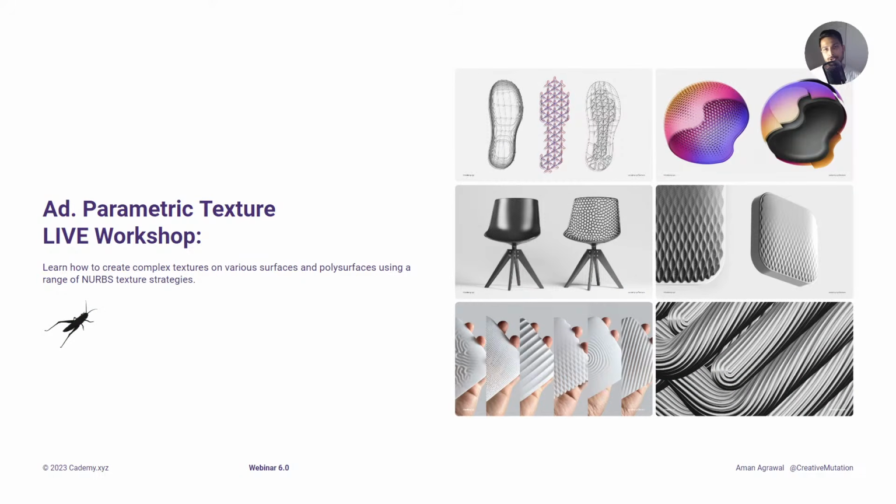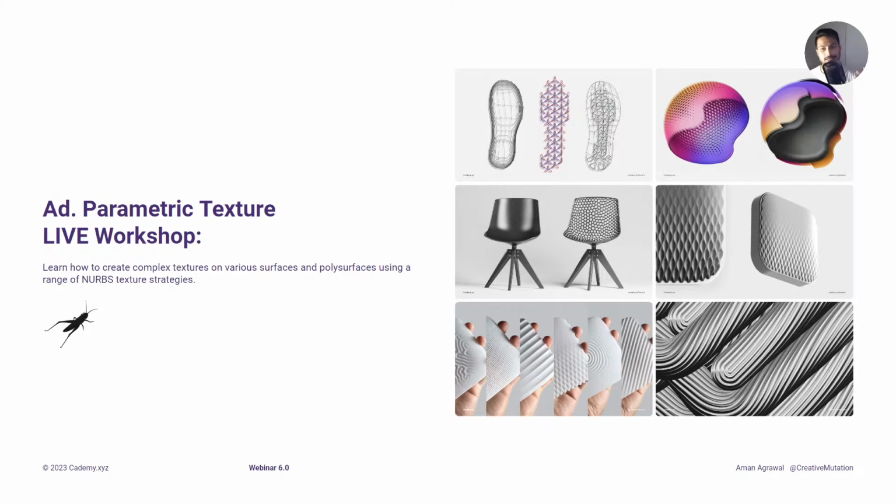The texture workshop is a continuation of the Grasshopper masterclass, where you would learn different tricks and tips to create complex parametric textures, and not just create it but also transfer it to your geometry. And all these textures that you see here are created in the NURBS context, keeping in mind design for manufacturing.